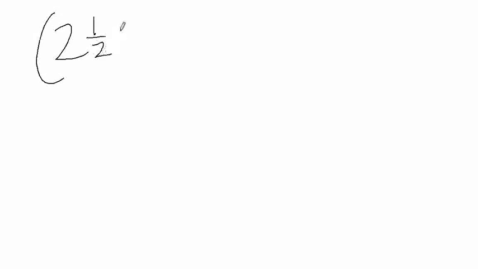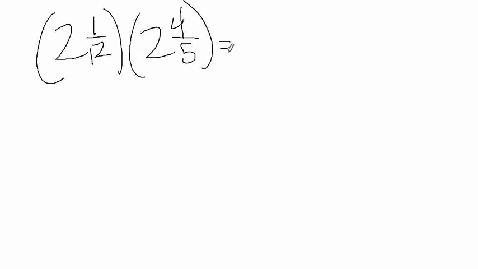Suppose we wanted to multiply 2 and 1/12 by 2 and 4/5. Okay, so the first thing I'm going to do is convert both mixed fractions to improper fractions. The first mixed fraction is going to be replaced by 25/12.